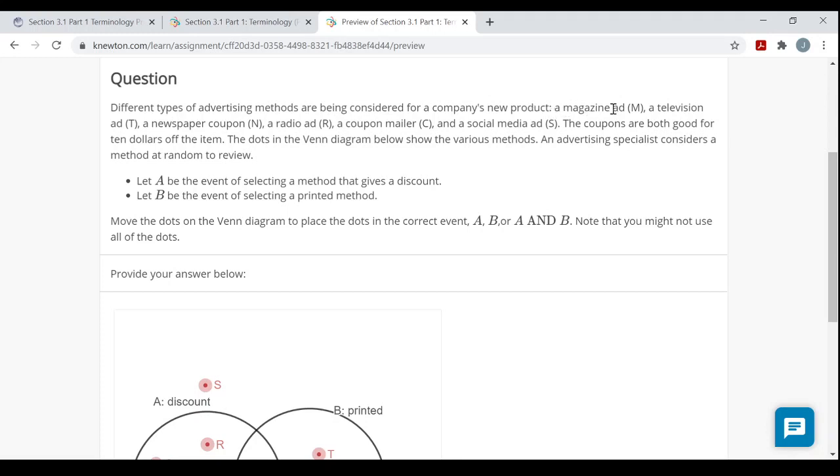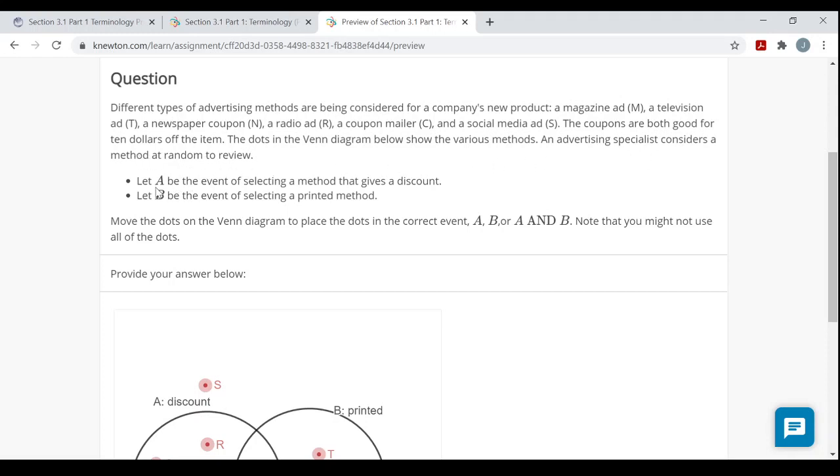A magazine ad, labeled M, a television ad, labeled T, a newspaper coupon, labeled N, a radio ad, labeled R, a coupon mailer, labeled C, and a social media ad, labeled S. The coupons are both good for $10 off the item. The dots in the Venn diagram below show the various methods, right? All these labels up here. An advertising specialist considers a method at random to review.